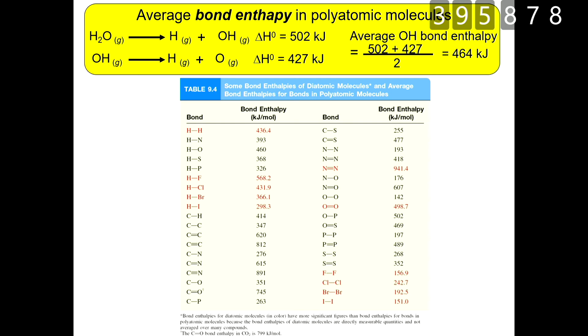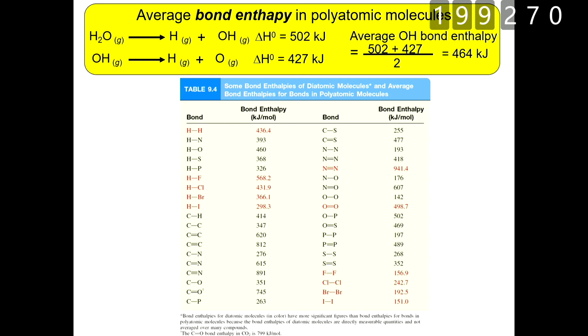If the bond distance is short, it is stable, so it requires more energy. HF is much shorter than HI, so HF is hard to break and has a higher bond enthalpy.